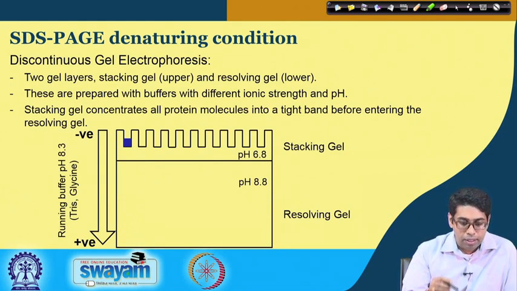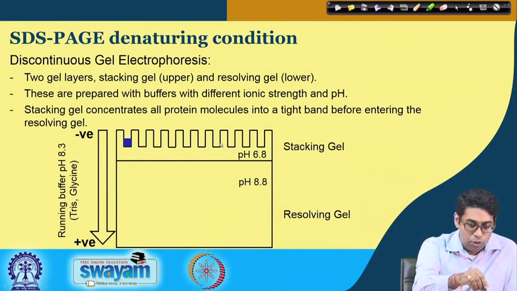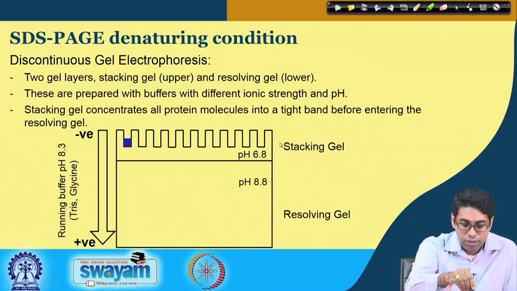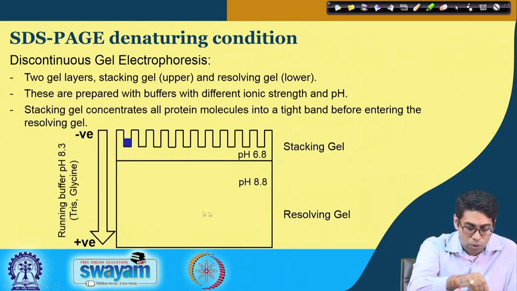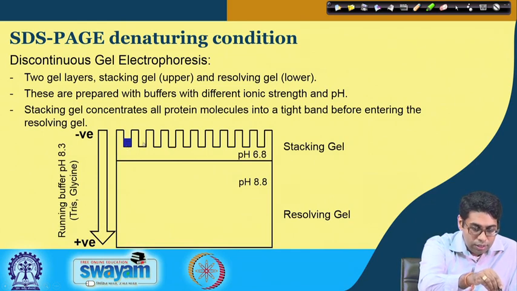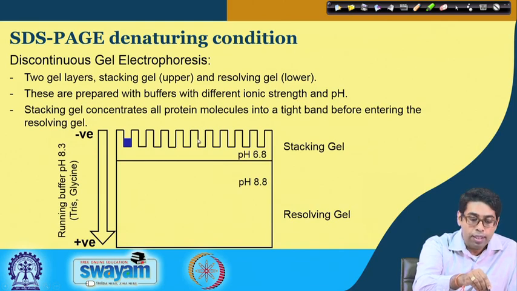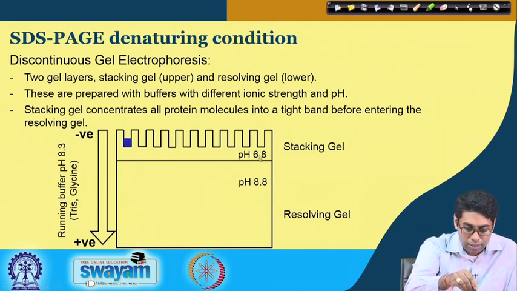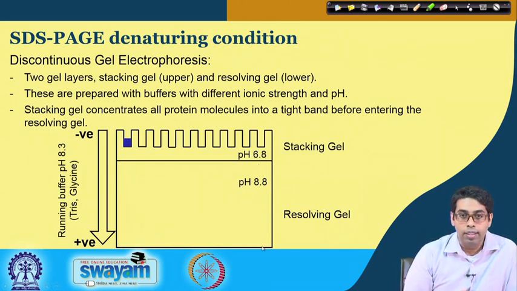In this method there are certain features that I would like to point out. A typical gel would look something like this. You can see there are two gels. The upper one is called a stacking gel and the lower one is called a resolving gel, and these are called the lanes. This is where the protein samples are applied. In this setup we can actually apply 10 different samples and run them simultaneously on the gel.